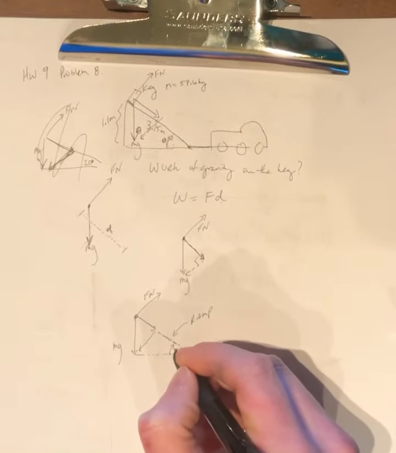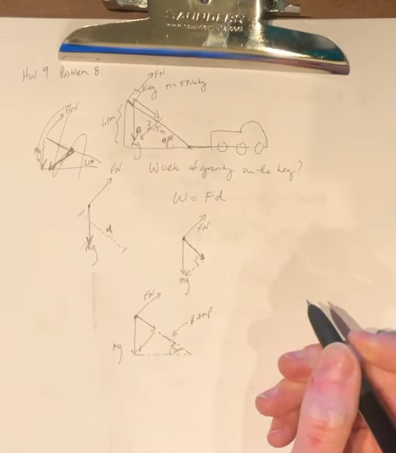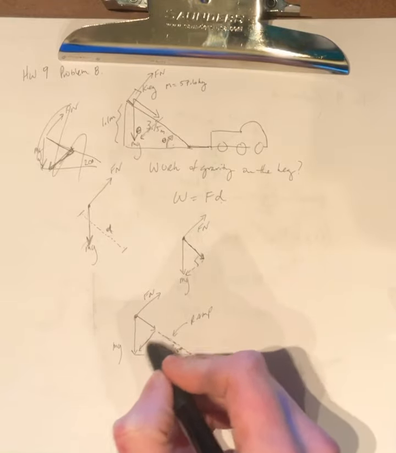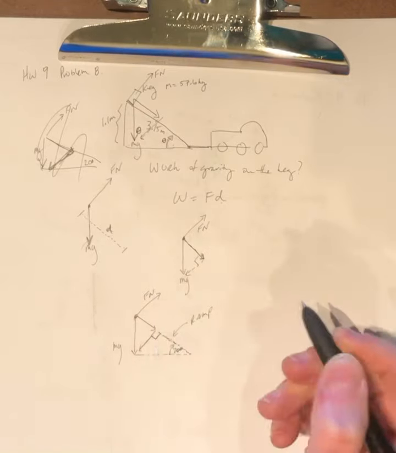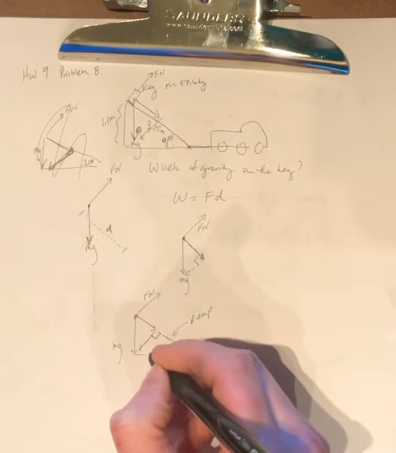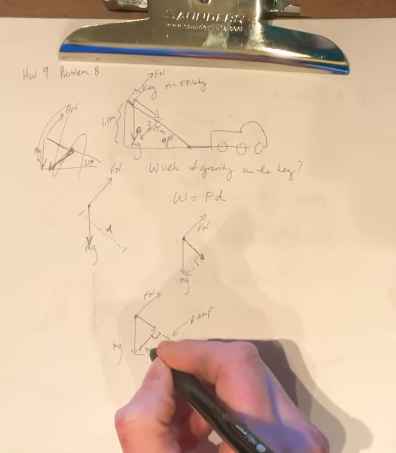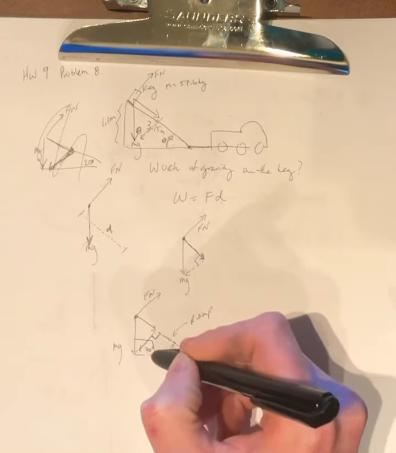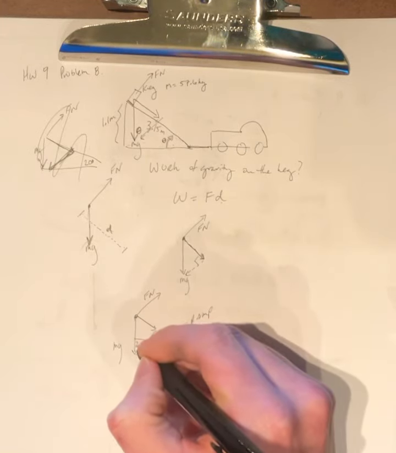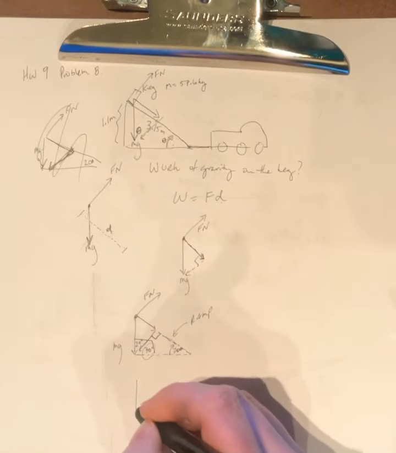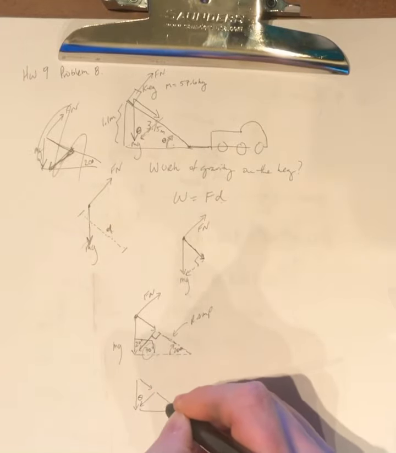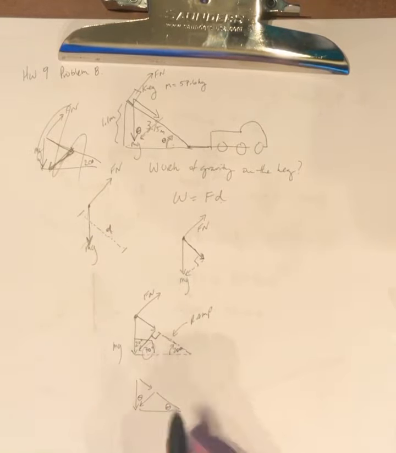If this angle here was 20 degrees, then if this is a right angle, that means this angle here has to be 70 degrees. And if this whole thing is a right triangle, if this is 70, this here has to be 20. So this angle here is theta, and it's the same theta as this angle here.